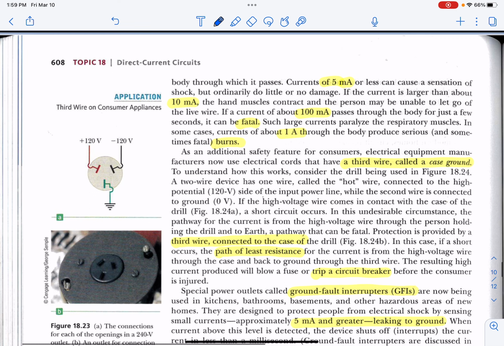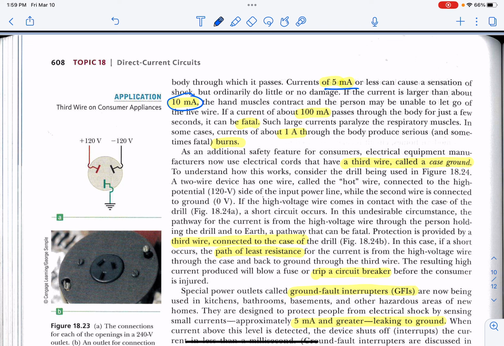And in one of the handouts in this chapter and in the very introductory screencast, I talk about these different current values. Some will give you mild shocks, like 5 milliamps. Twice that amount will cause your muscles to contract. If you grab hold of a live wire, you might not be able to let go because your muscles will contract.